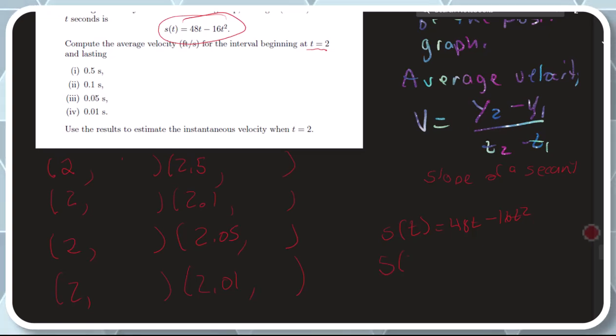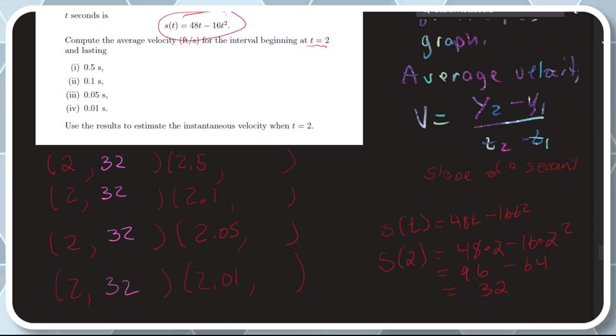So to find the position at time 2, I plug 2 in, and I get 48 times 2 minus 16 times 2 squared, which is 96 minus 64, which is 32. So at 2 seconds, it is 32 feet high. Oh no, these are seconds, not minutes. The last problem was minutes.